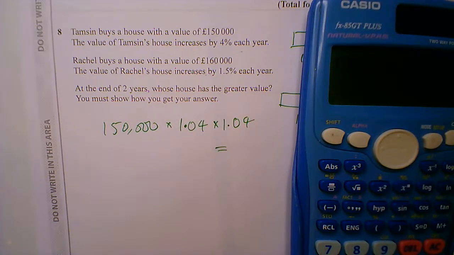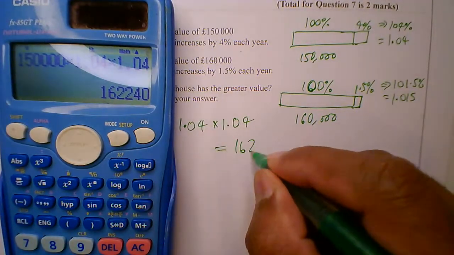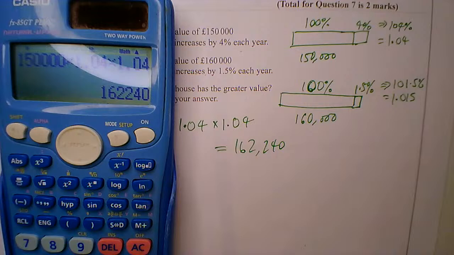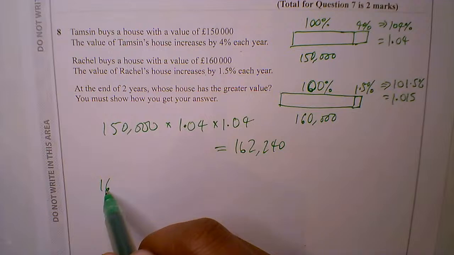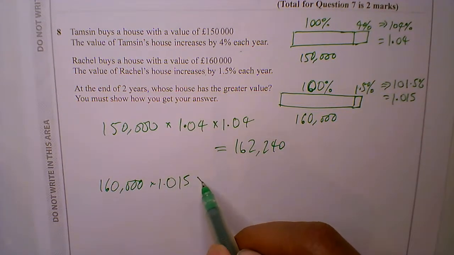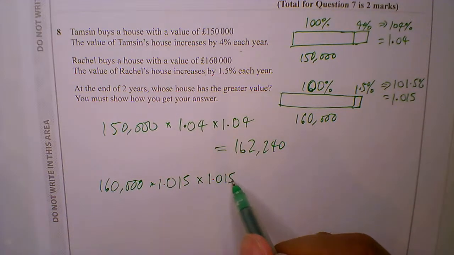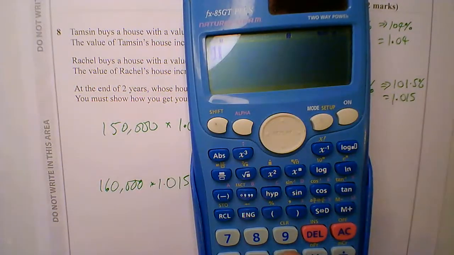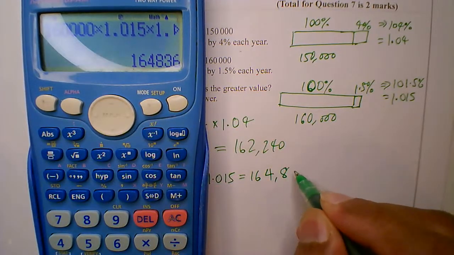150,000 times by 1.04 times by 1.04 gives me 162,240. The next one is 160,000 times by 1.015, and again, end of 2 years, so it's the same percentage, 1.015. 160,000 times by 1.015 times by 1.015 gives me 164,836.